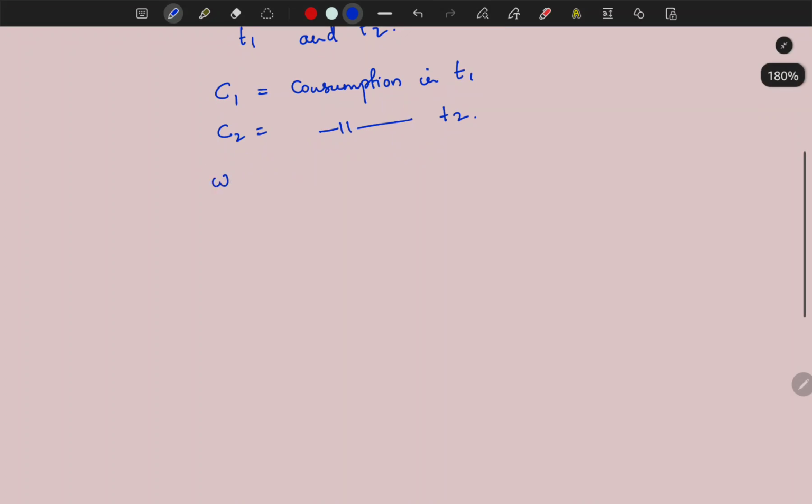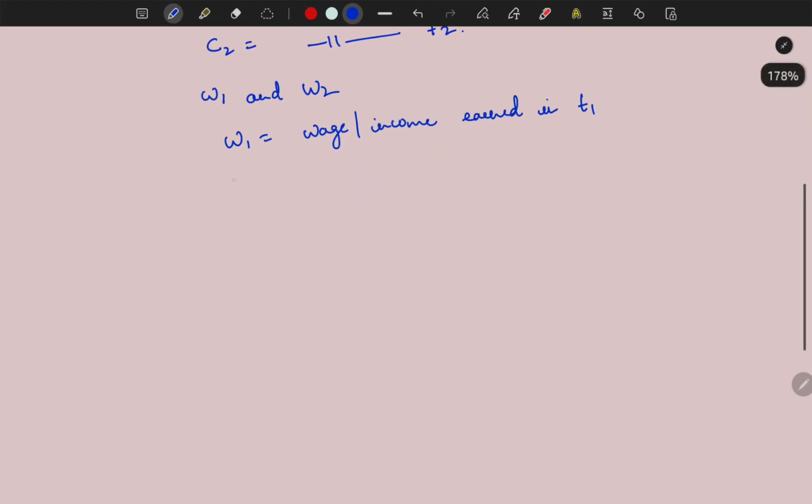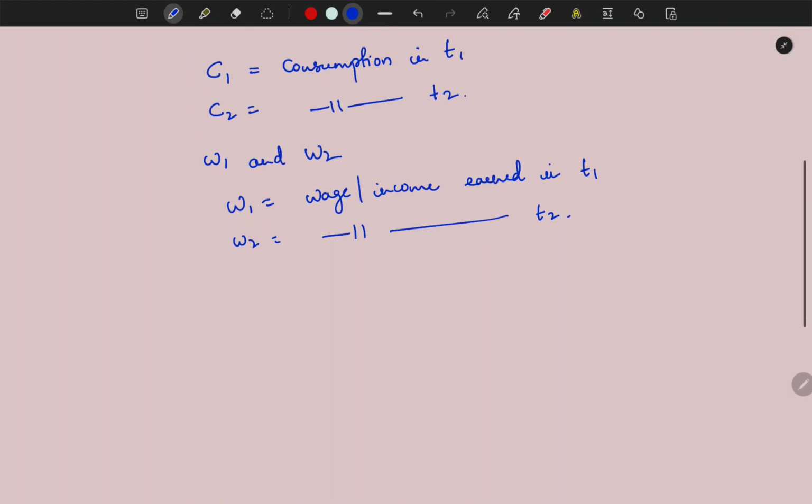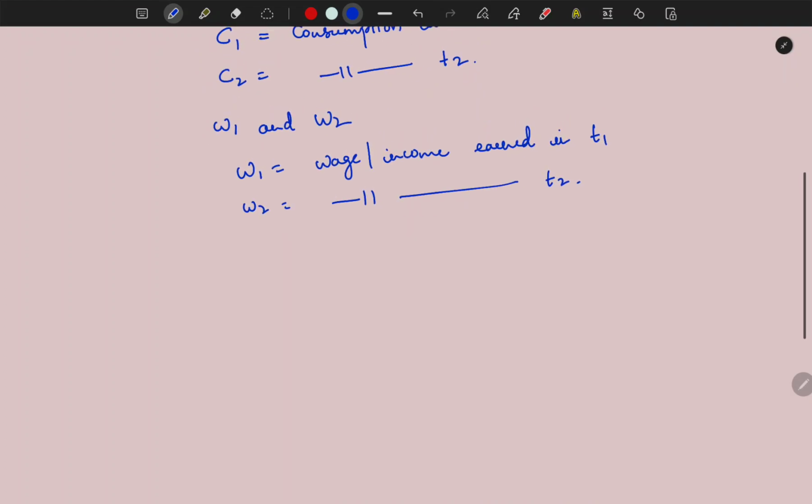And we'll talk about W1 and W2. W1 is wage or income earned in T1. W2 is income earned in T2. Okay, this is a basic understanding.